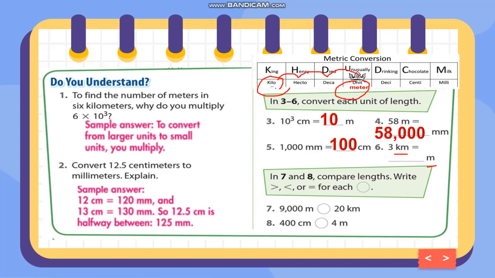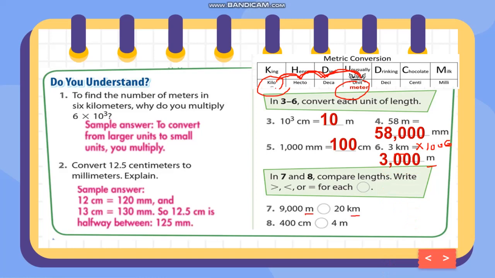From a higher unit to smaller unit. So this is tenths, hundreds, thousand. So higher to smaller unit, that is multiply by how many? Tens, hundreds, thousands. So it means we need to multiply by 1,000. So 3 multiplied by 1,000, the answer is equivalent to 3,000 meter.